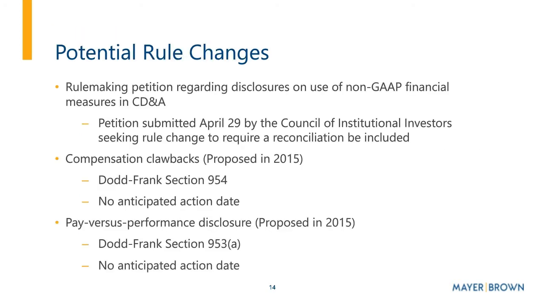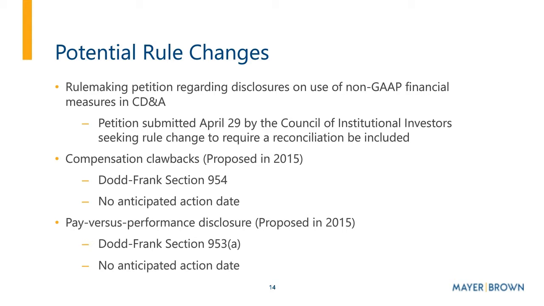Finally, just a couple of things that are still on the radar. There are still a couple of Dodd-Frank proposed rules that still have no anticipated action date, and that includes compensation clawback policies and pay versus performance disclosure.